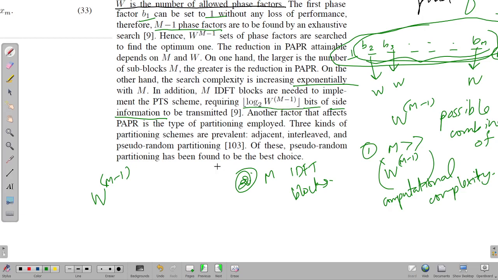Along with the OFDM signal having the lowest PAPR, you need to transmit this side information for the receiver to know which combination of phase sequence was used at the transmitter.